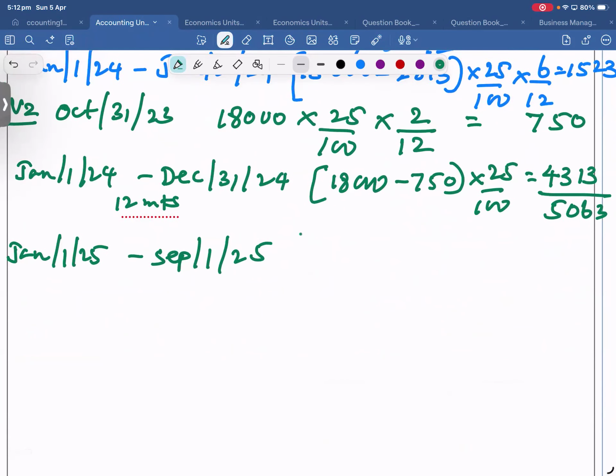So 18,000 take away 5,063 times by 25% times by 8/12, which is 2156.